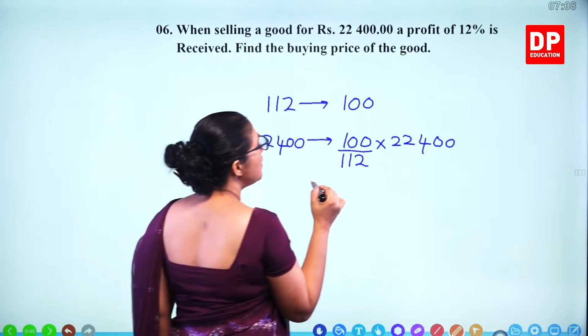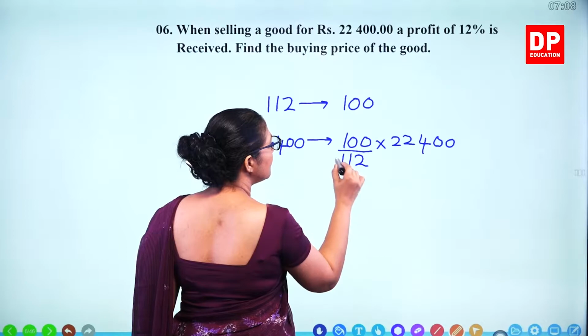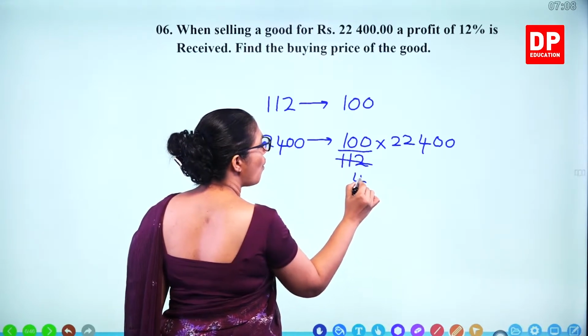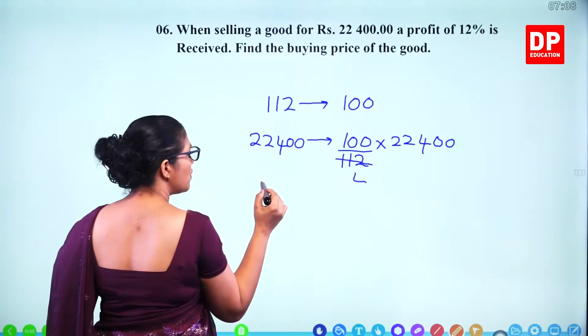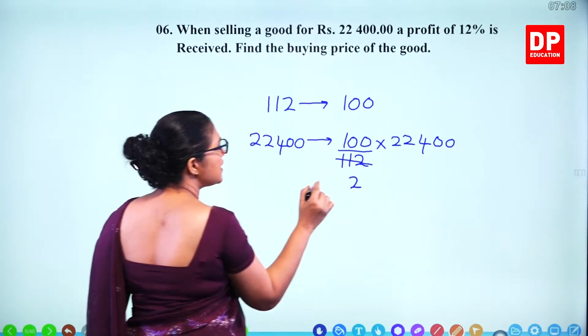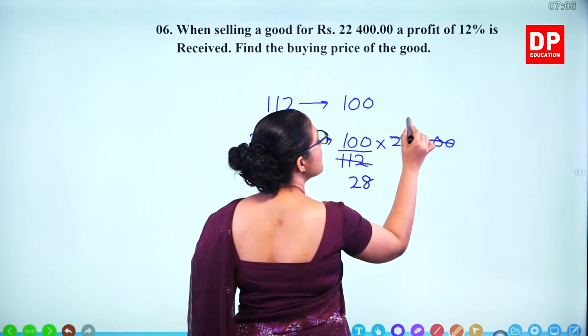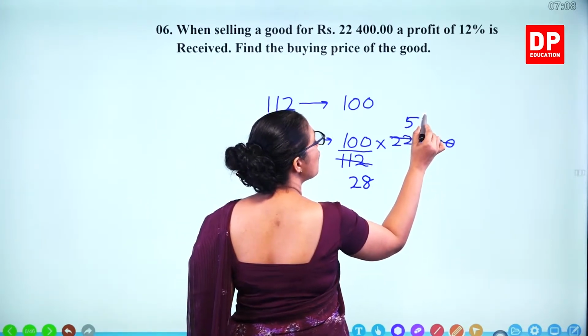Let's divide by 4. 4 times 2 is 8, 32 is 4 times 8, 4 times 5 is 20, 24 is 4 times 6.